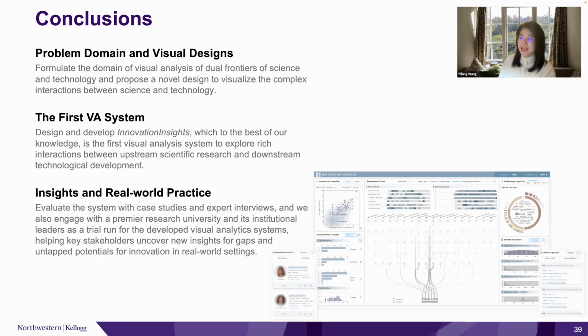Our system, as the first of its kind visualization system for researchers and research institutions to explore the complex interaction between science and technology, not only fulfills our original design purposes, that is, to allow users to better identify the sources of technological inventions and understand the impact of scientific research. It also enables an array of new applications, ranging from identifying untapped innovation potential within an institution to forging new partnership opportunities between science and industry.